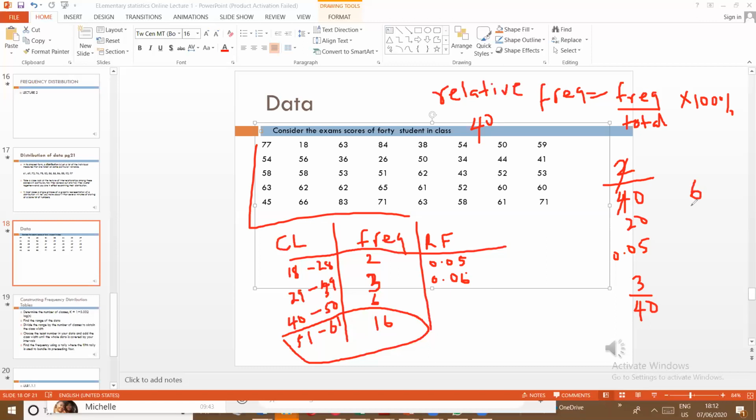The next one will be 6 over 40, which is what? 0.15. Okay. Yes.